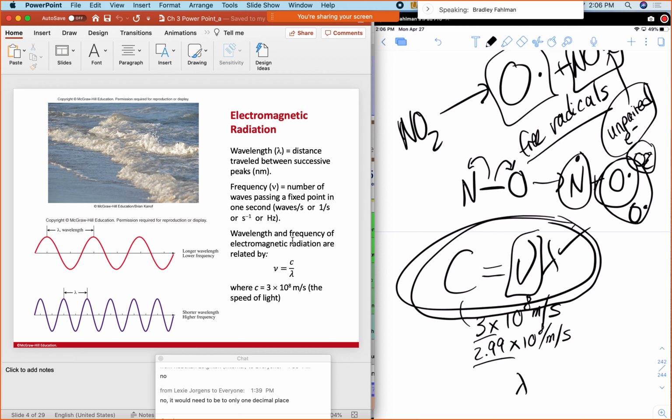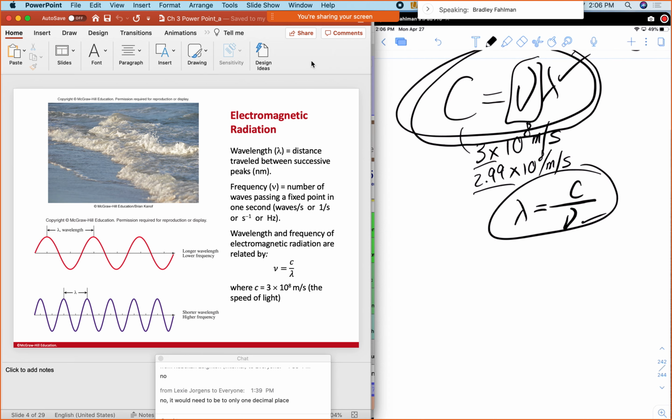It's just rearranging that equation, dividing by whatever I'm giving you. So converting back and forth, knowing wavelength and frequency. Frequency is given in units of reciprocal time, or hertz, which is seconds to the -1.